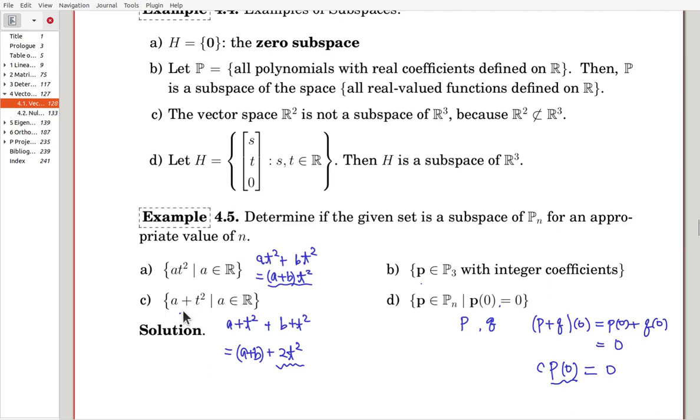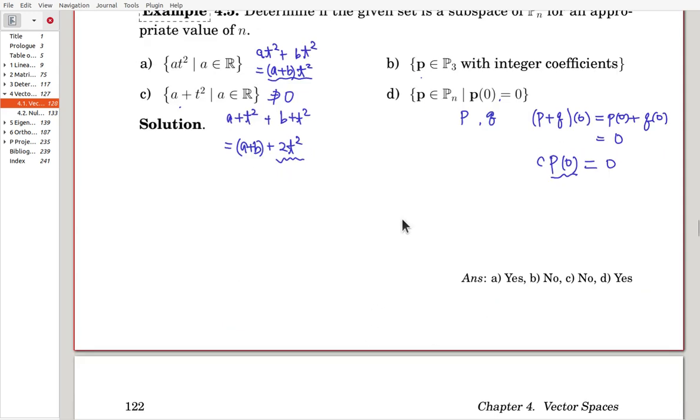But for the a plus t squared set, even 0 is not in the set, because the result is t squared, so this does not include 0, right? So anyway, it's not a subspace. But for the polynomials vanishing at 0, 0 is inside, and it is closed under addition and scalar multiplication.